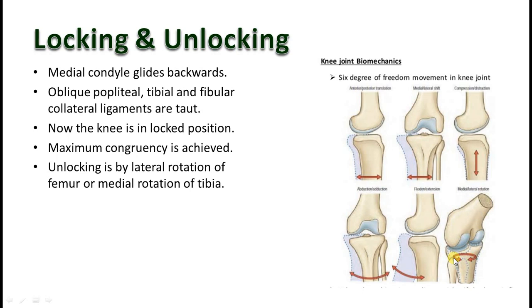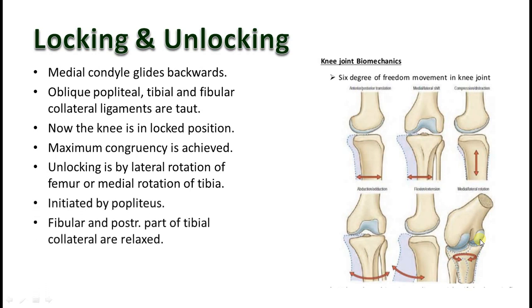Now during the unlocking mechanism, same way with the anterior cruciate ligament being the axis, the lateral condyle has to glide backwards, and that is called the unlocking movement, and that is facilitated by the popliteus muscle. So the popliteus muscle initiates the flexion or the unlocking movement of the knee joint.